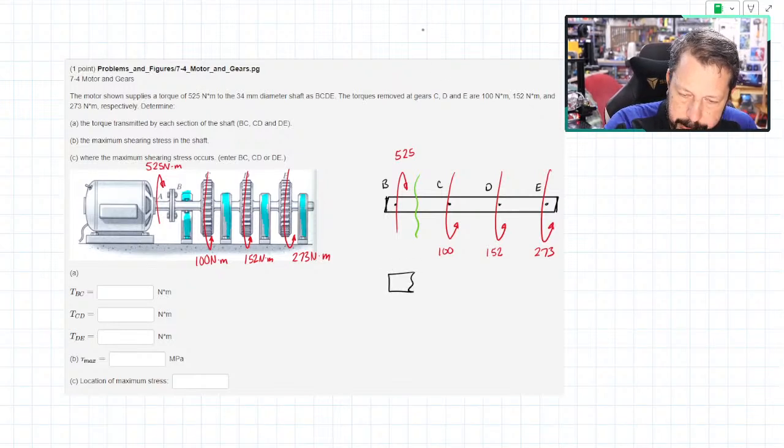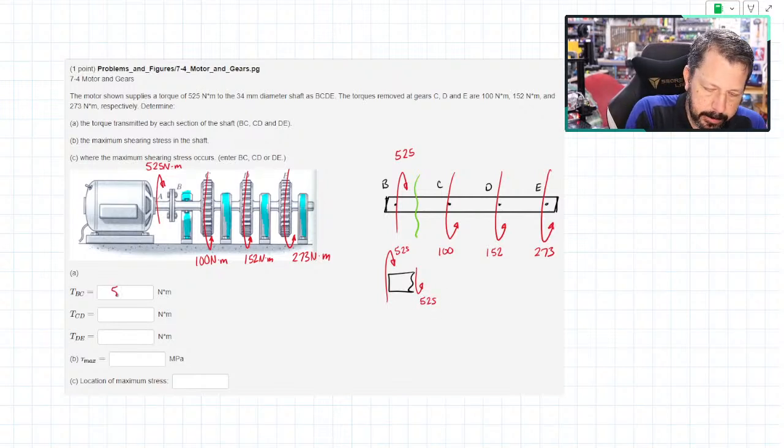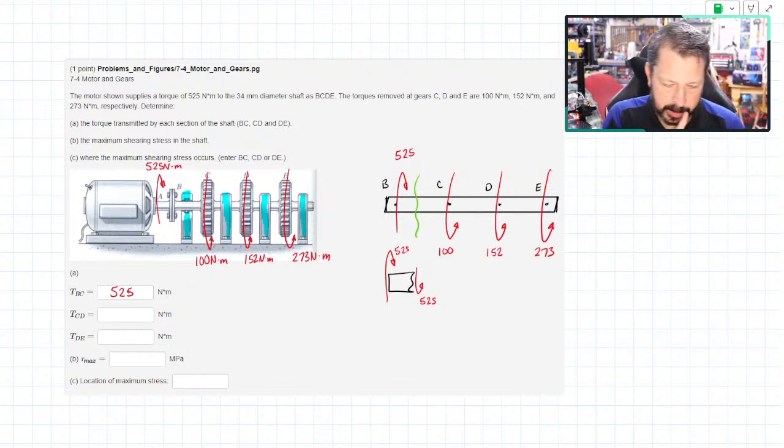So for BC, we have 525 and then inside there we have 525 for it to be in equilibrium. So BC, 525 Newton meters.